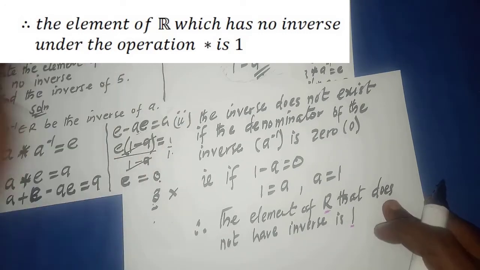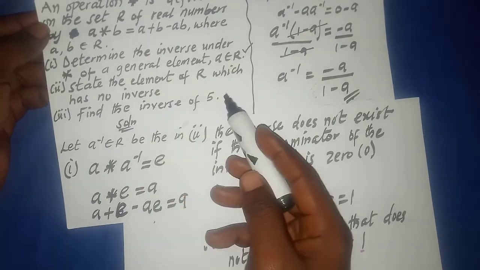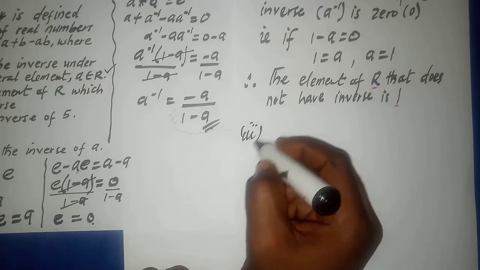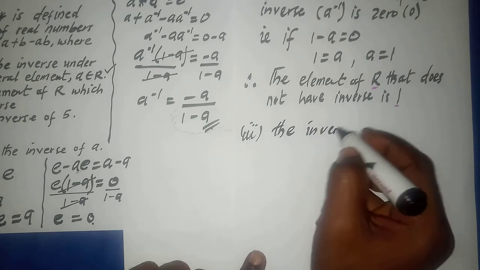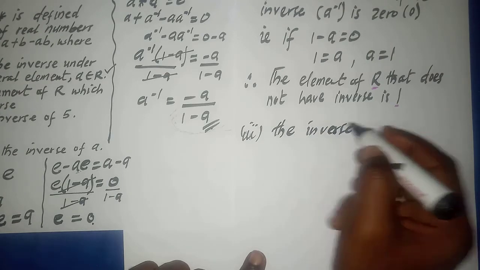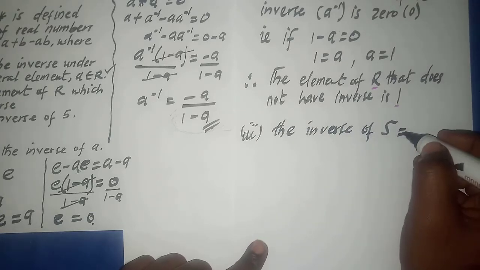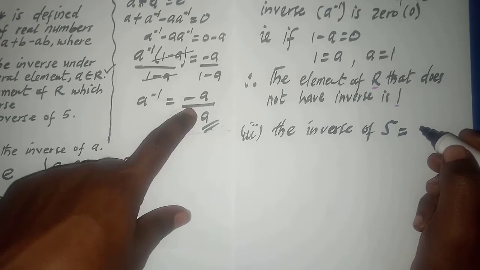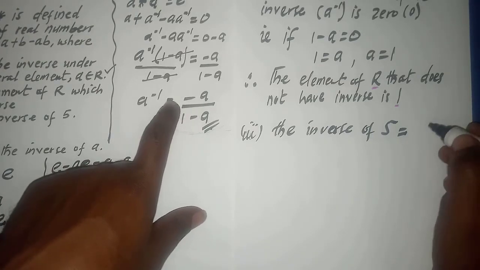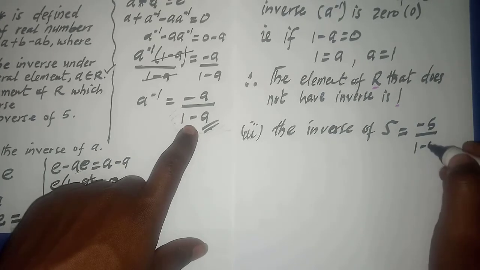Alright, and let's look at the last one. We want to find the inverse of 5. The inverse of 5 is equal to, now this is the inverse of A, right? So the inverse of 5 is going to be negative 5 over 1 minus what? 5.